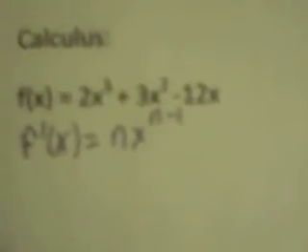If you want formulas, follow this formula. F prime of x equals n x to the n minus 1. The n represents your exponent. And so what you would do is you would multiply your x by your n, and you subtract 1 from your exponent.